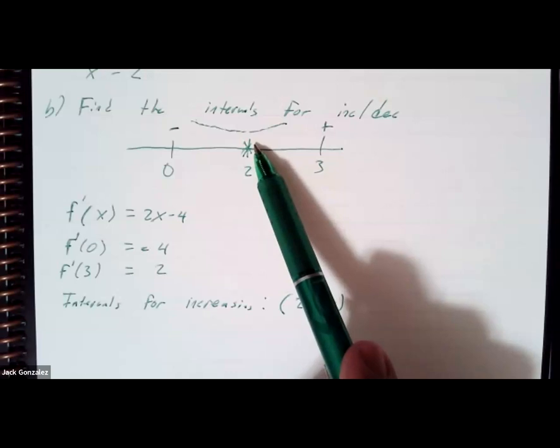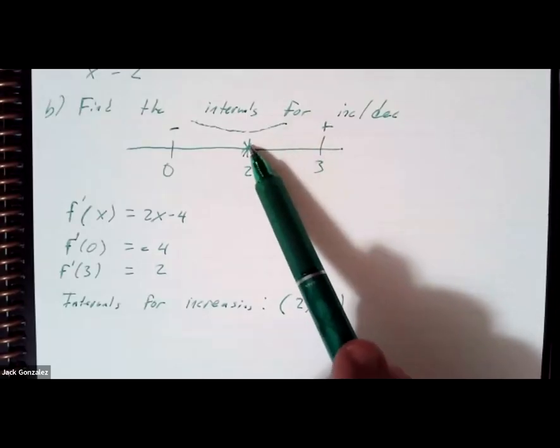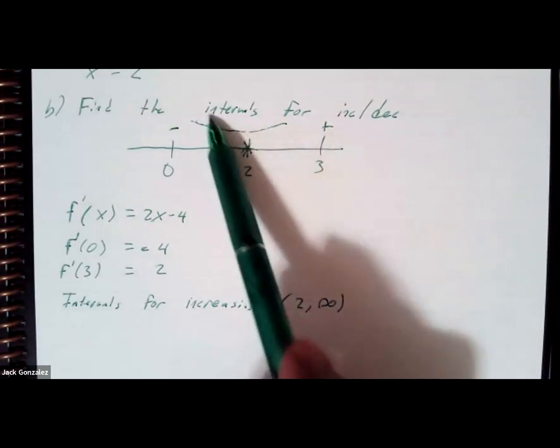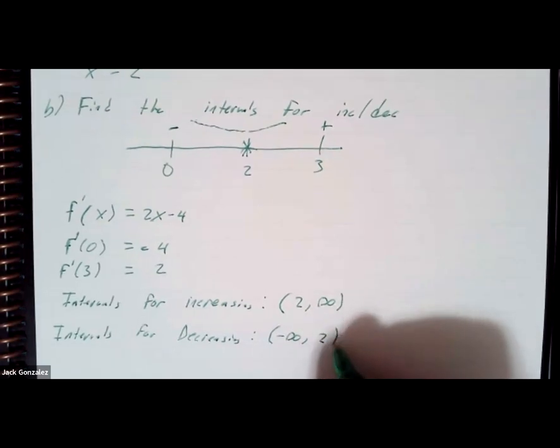Because at this point there's a change. We start from where it starts increasing, right after it, where you begin to increase. Because here we're at 0, and before we're decreasing. Decreasing will be negative infinity until that critical number.